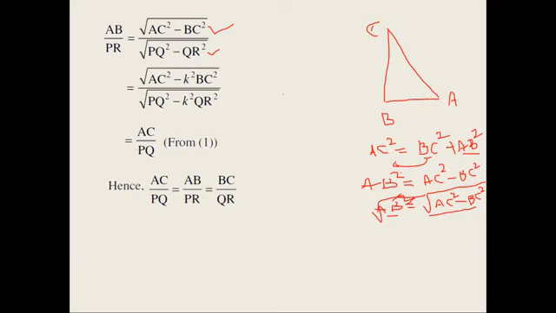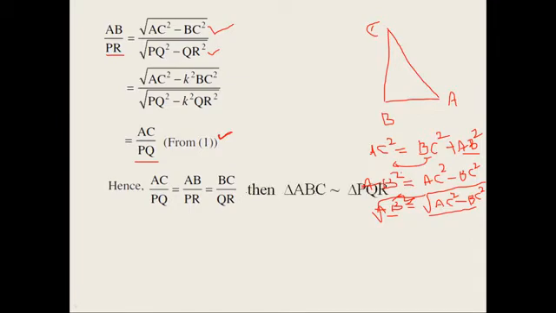Hence AC by PQ is equal to AB by PR is equal to BC by QR. AB by PR is AC by PQ from equation 1. We already know this one. So AC by PQ is equal to AB by PR is equal to BC by QR.